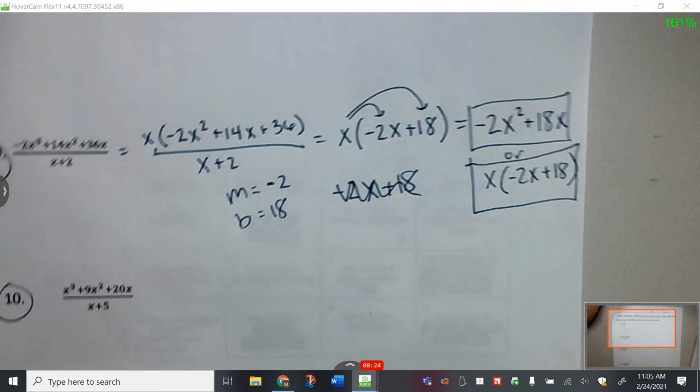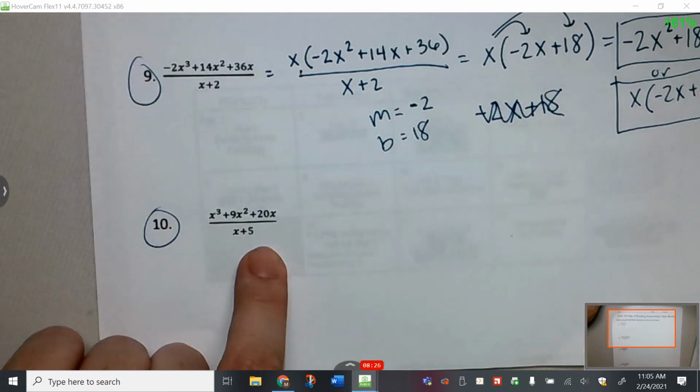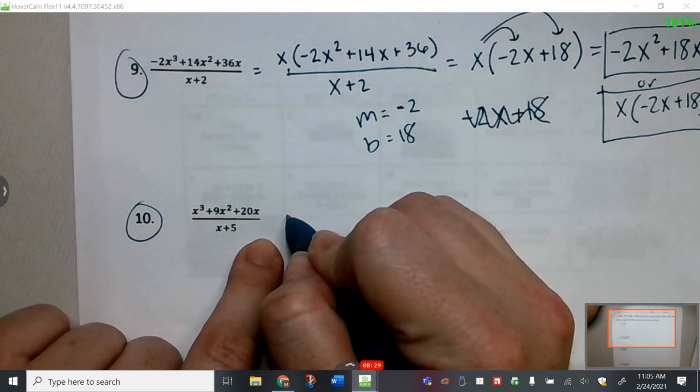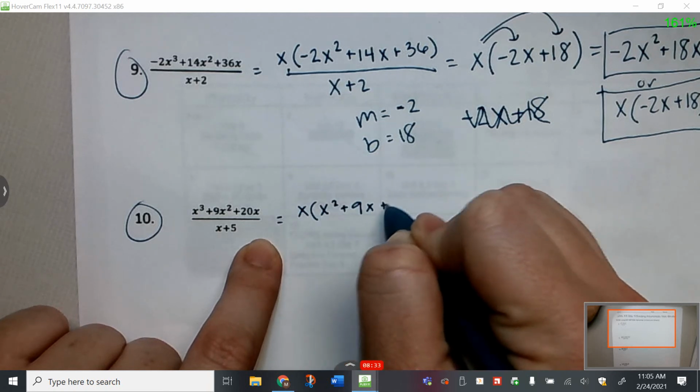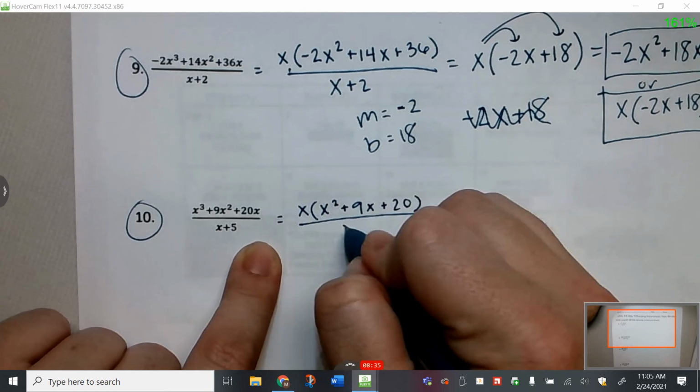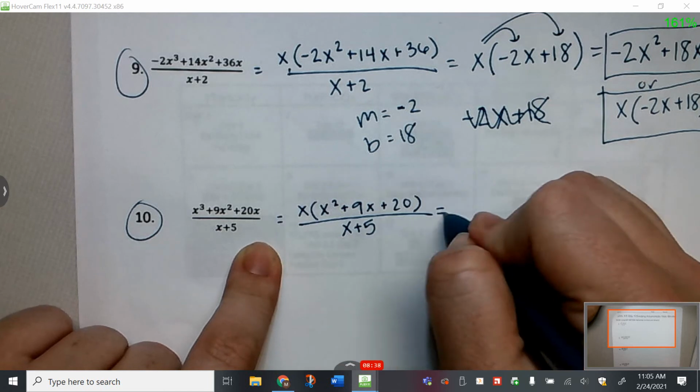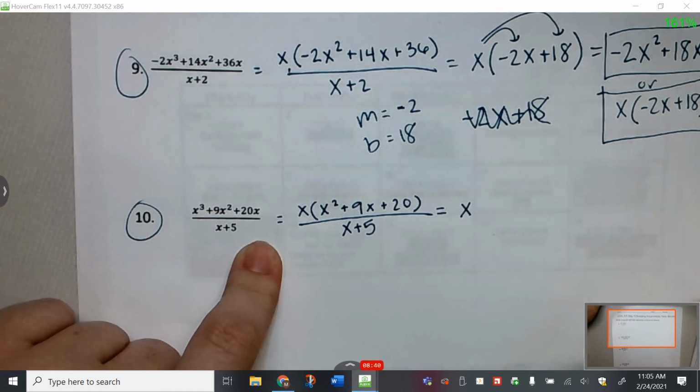Okay, same with number 10. We have to take that extra x out of the top since they all have one. Don't forget to put that x back.